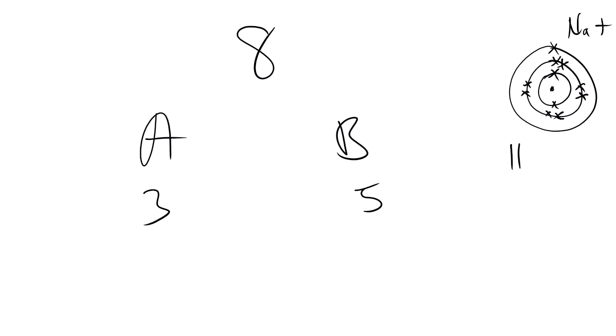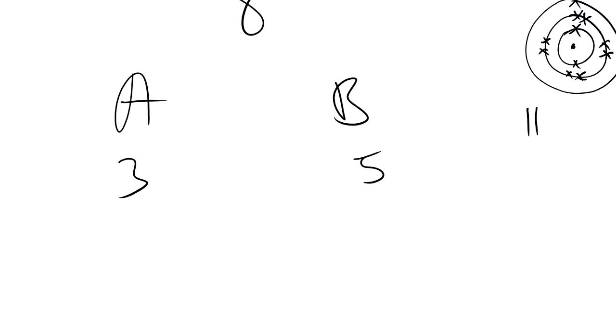Now, if you want to judge who should give out his remaining so that the shell will be complete, which one is more likely to give out? It is the 3 that will give out to the 5.